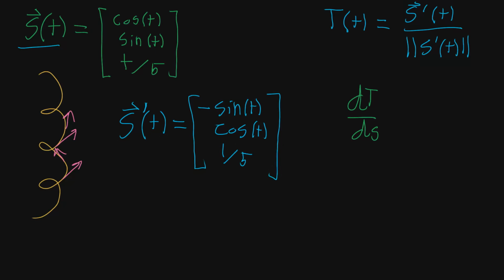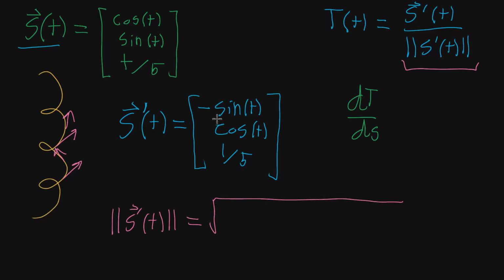And now what we need to do, we need to find the magnitude of s prime of t. So what that involves, as we're taking the magnitude of s prime of t as a vector, we take the square root of the sum of the squares of each of its components. So negative sine squared just looks like sine squared of t, cosine squared of t, and then 1/5 squared, and that's just 1/25.